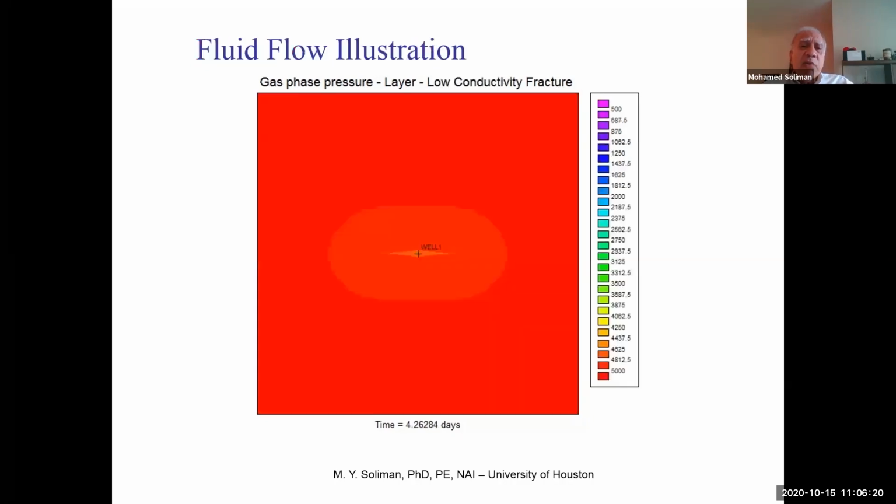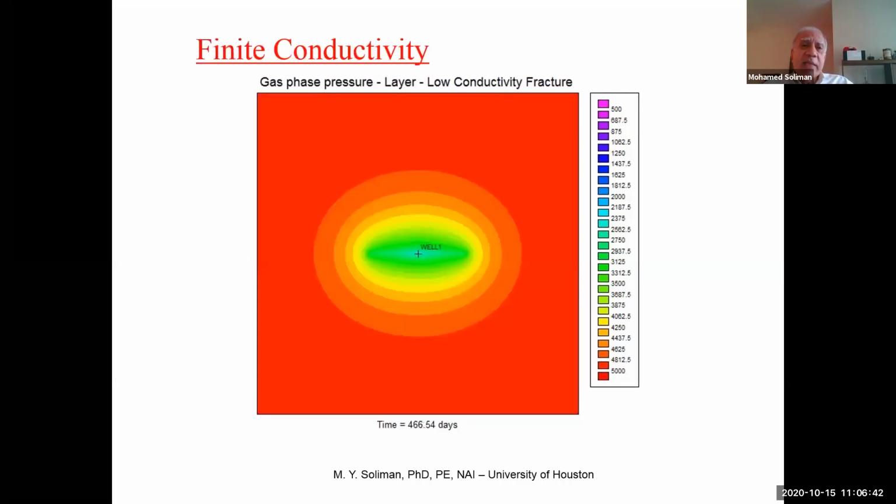If I have a finite conductivity fracture, you can see the effect is not as strong, and you don't see the end of the fracture right away. So it takes some time to see the end of the fracture. That is the bilinear flow. If you remember, we talked about that a little bit.